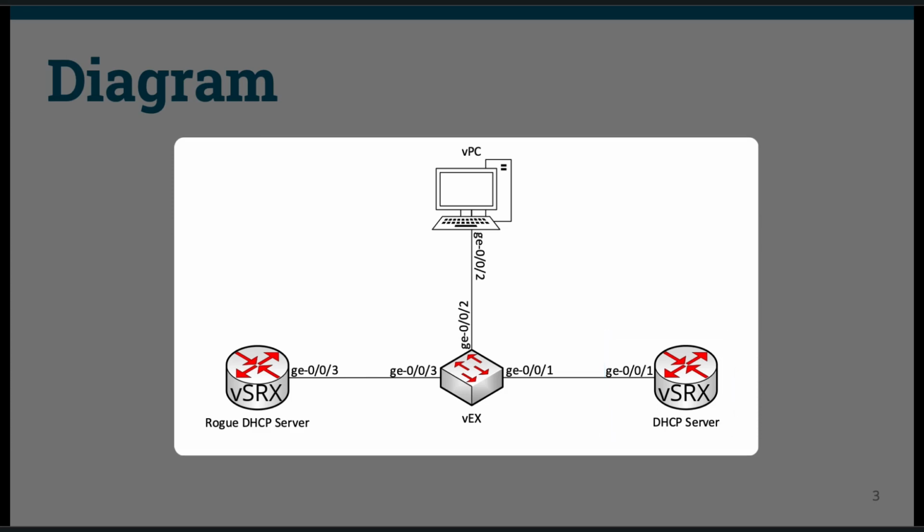The DHCP server on the left is called a rogue DHCP server because it is one which is not intentionally placed on the network by the network administrators. A rogue DHCP server appearing on your network can simply be an accidental configuration from a junior network administrator, or could even be a mistake from one of the staff members in the building.